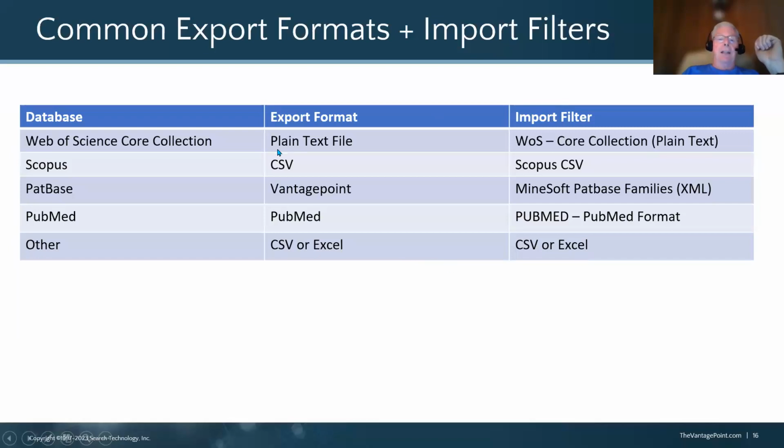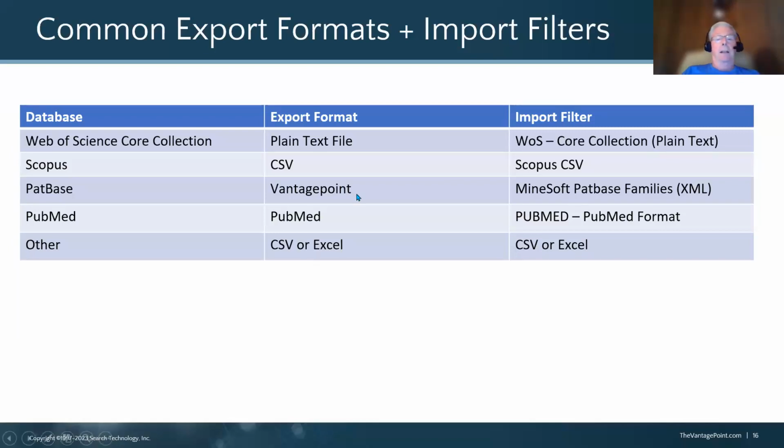You'll notice that when you're in Web of Science, the format you pick to export your search results would be plain text file. In Scopus it would be CSV. Actually, in Patbase, they have a radio button, third-party exports.